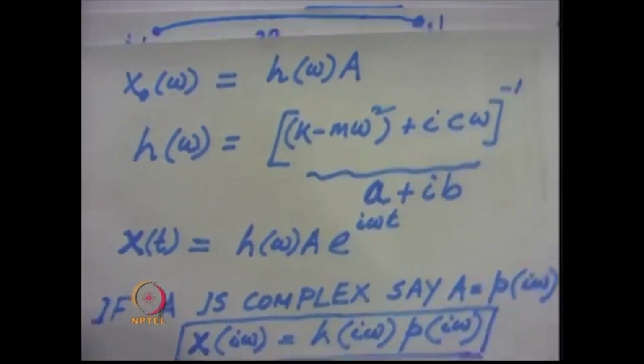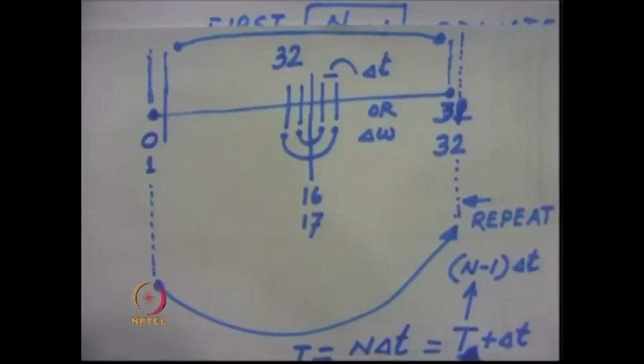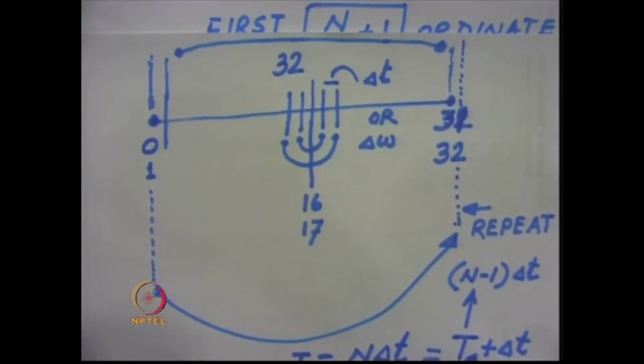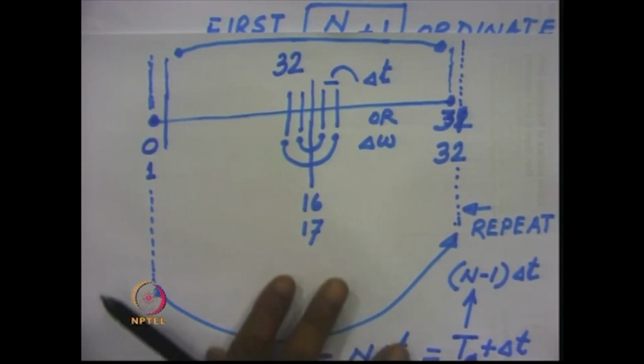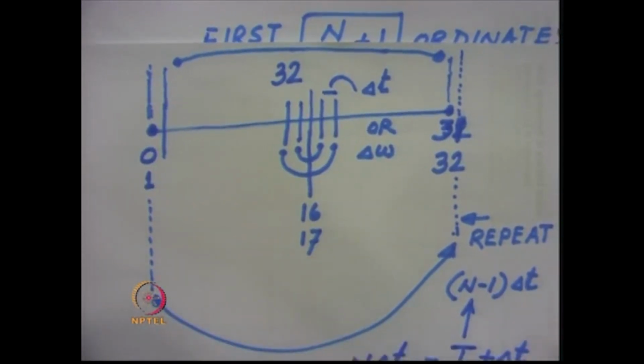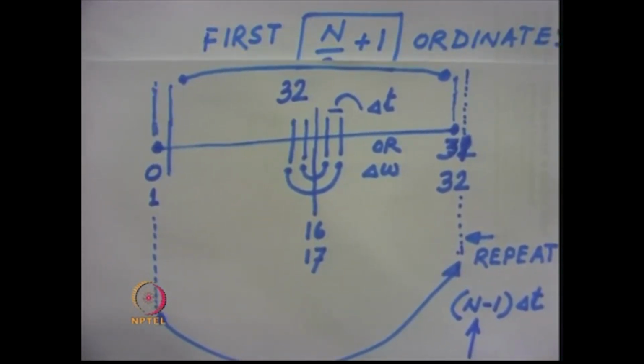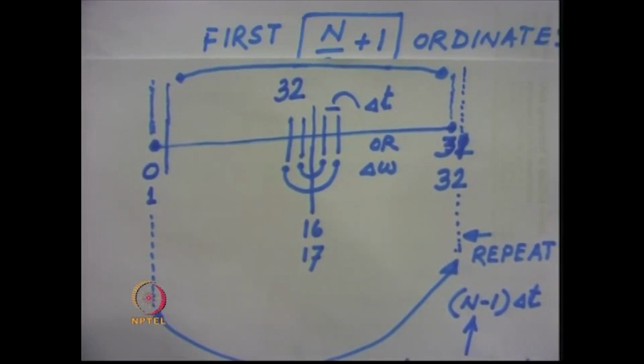So, with this background, now we will try to explain the frequency domain analysis of the single degree freedom system for a specified ground motion. For that, first what we will do, we will use the FFT for finding the frequency contents of the ground motion.